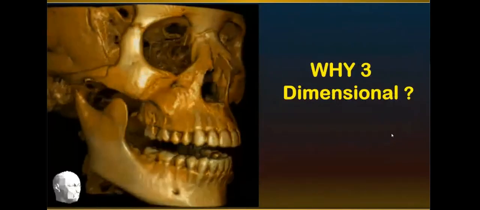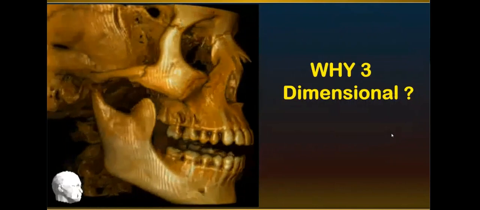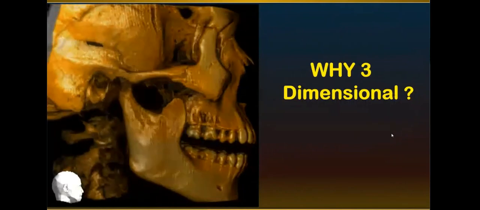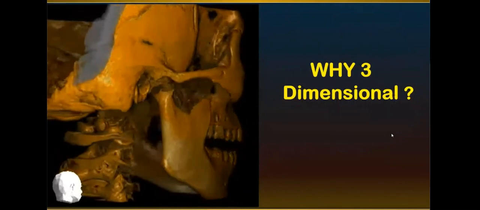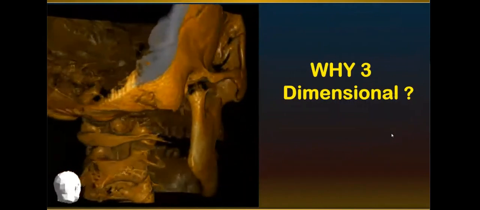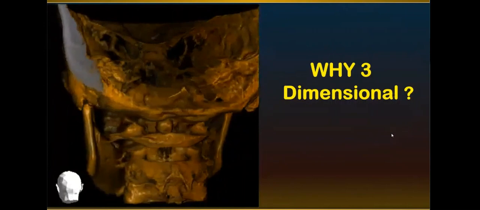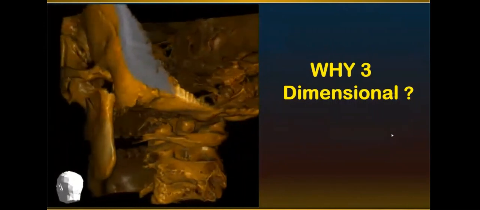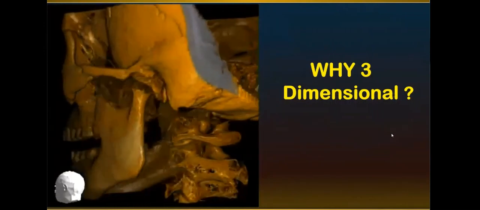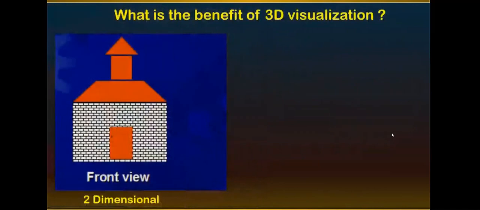As I mentioned in the beginning, the most powerful value of CBCT is that it gives 3 dimensions in one-to-one correspondence. So what is the value of having the data of the patient in 3 dimensions? Let's say we have this house and we are seeing it from the front view, and this is the only view you are going to check this house from.